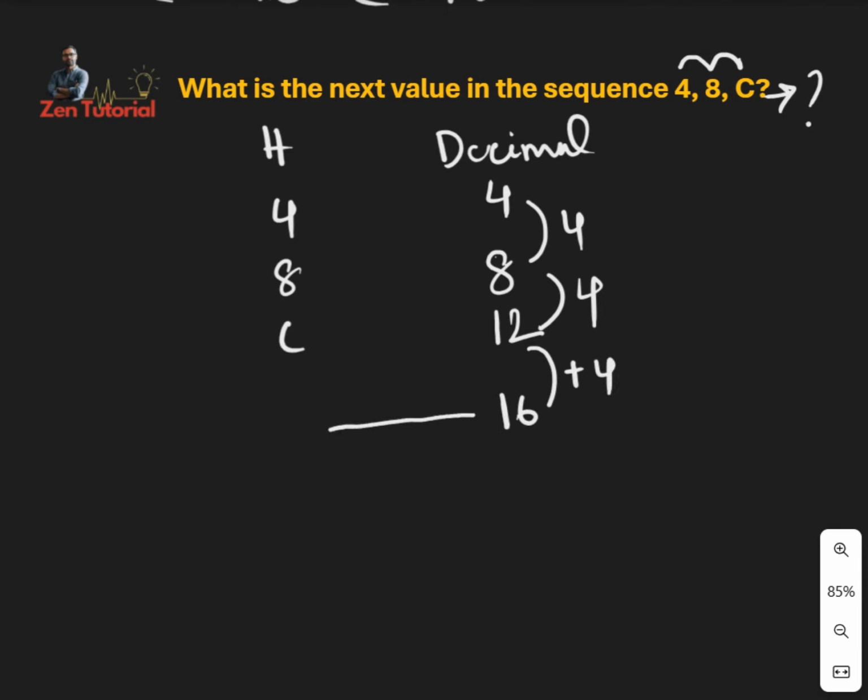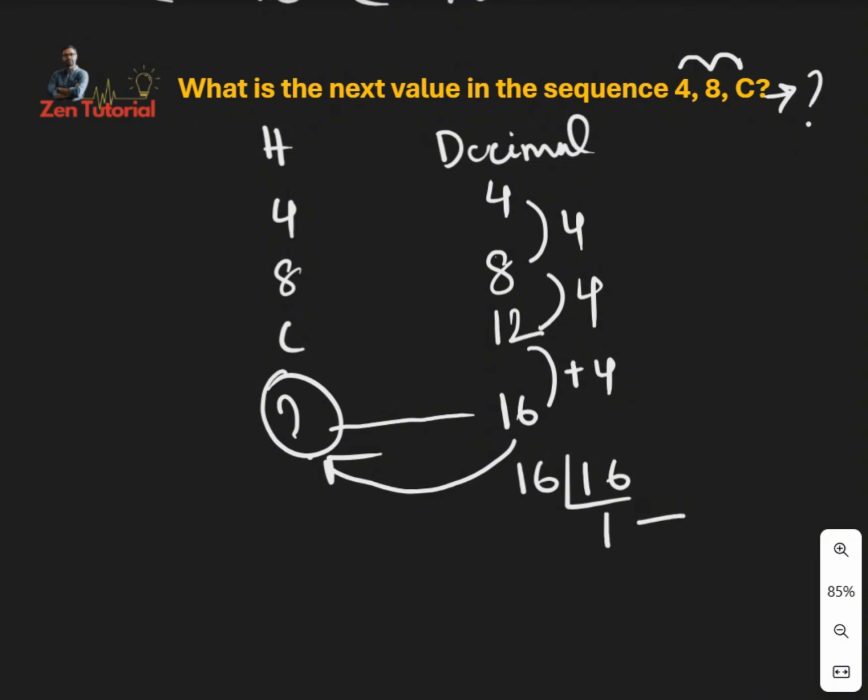So this 16 in decimal number, what will be the hexadecimal number? This is our target to determine, right? To convert now the 16 in decimal number into the hexadecimal number. By the rules, the 16 needs to be divided by 16 as the base number of hexadecimal. So this will be 1 and the remainder will be 0.